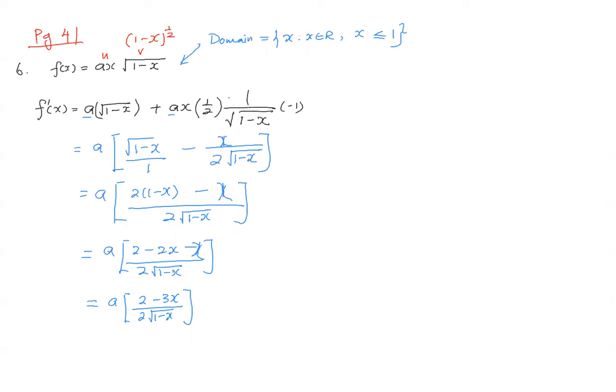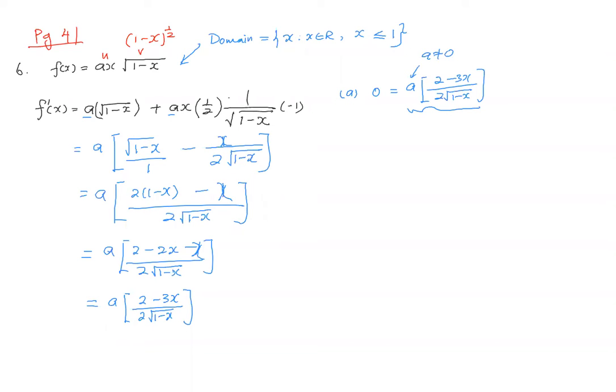So to answer part A for this question, you put 0 equal to a times 2 minus 3x divided by 2 root 1 minus x. 0 divided by a is still 0, correct? So in order for this whole thing to be 0, a cannot be 0.